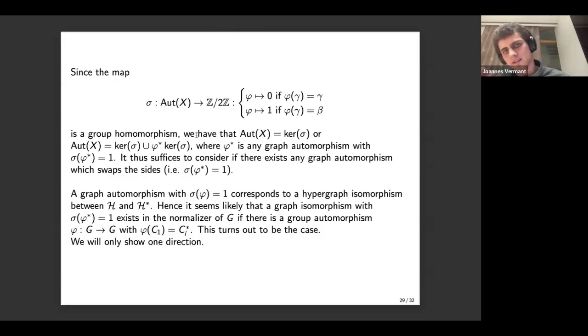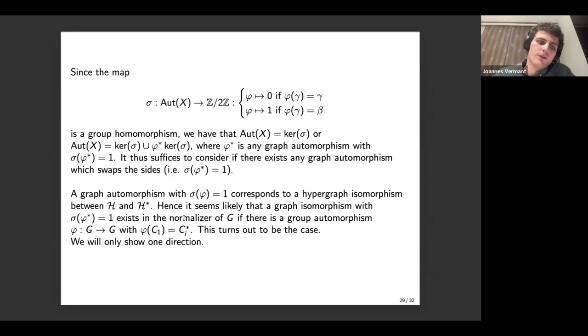This is a reminder of what I said earlier. It suffices to understand when there is a single graph automorphism which swaps the sides to consider the group of all these automorphisms, because if this group homomorphism sigma has some element which maps to 1, then the automorphism group is a 2-extension of the kernel of sigma.